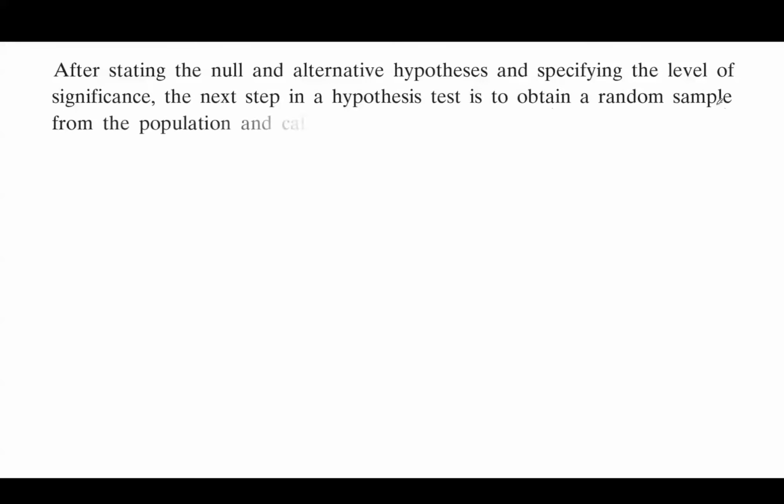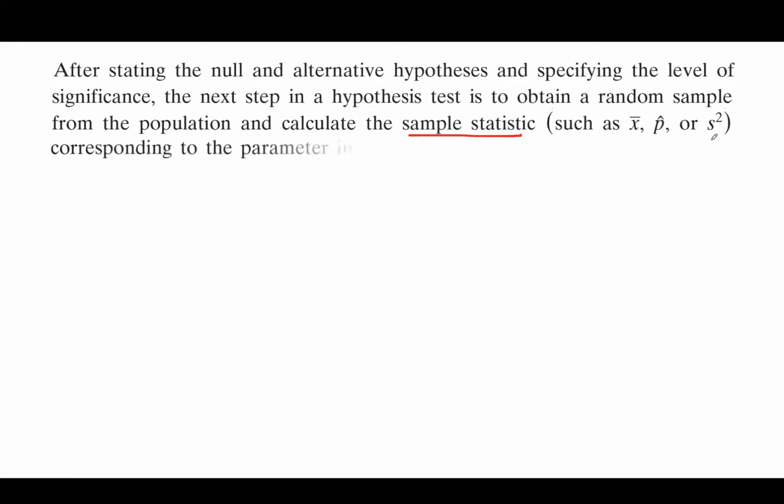So what are the steps here? After stating the null and alternative hypotheses and specifying the level of significance, the next step in a hypothesis test is to obtain a random sample from the population and then calculate the sample statistic. Those can be X bar, P hat, or the sample variance, depending on the question.